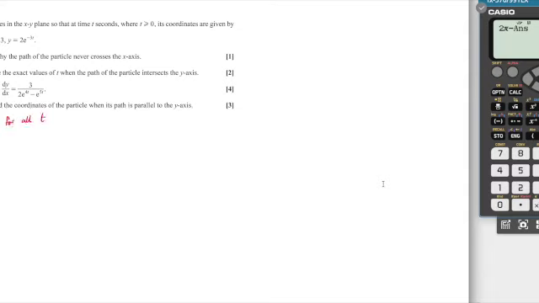Therefore, e to the 2t minus 4 e to the t plus 3. Well, we've got e to the 2t is going to be 1. So rather, at t equals 0, we are going to have 1 minus 4 plus 3 equals 0.